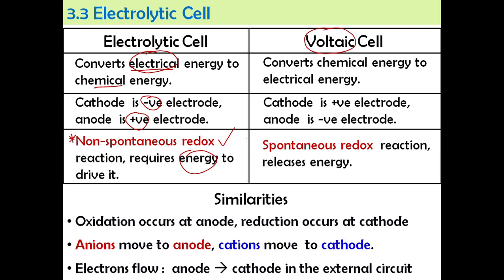Okay, the first one, oxidation still occurs at anode, reduction still occurs at cathode. Jadi kita masih boleh guna anox dan radcad untuk electrolytic cell. Okay, anions will move to anode and cations will move to cathode. And electrons still flow from anode to cathode.